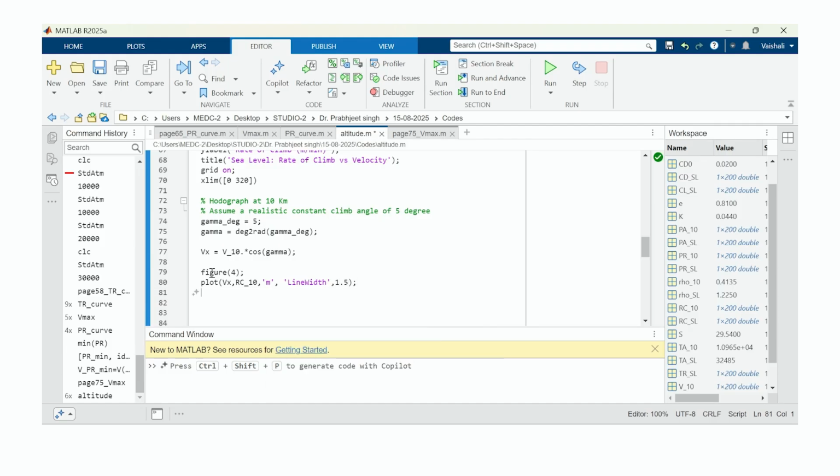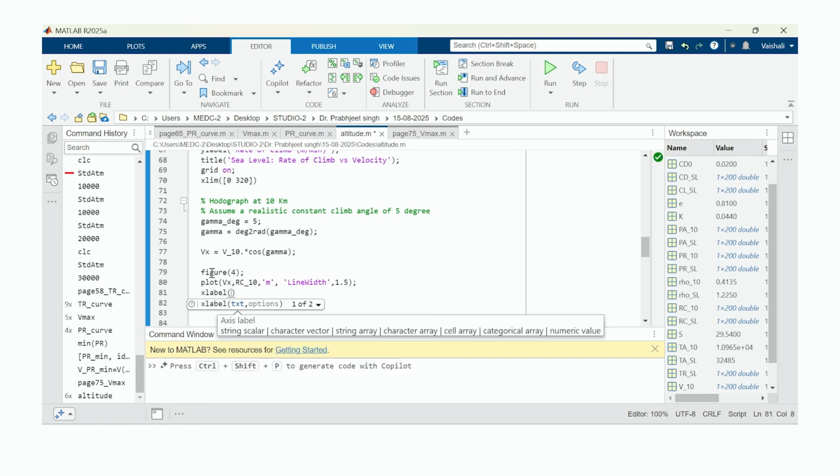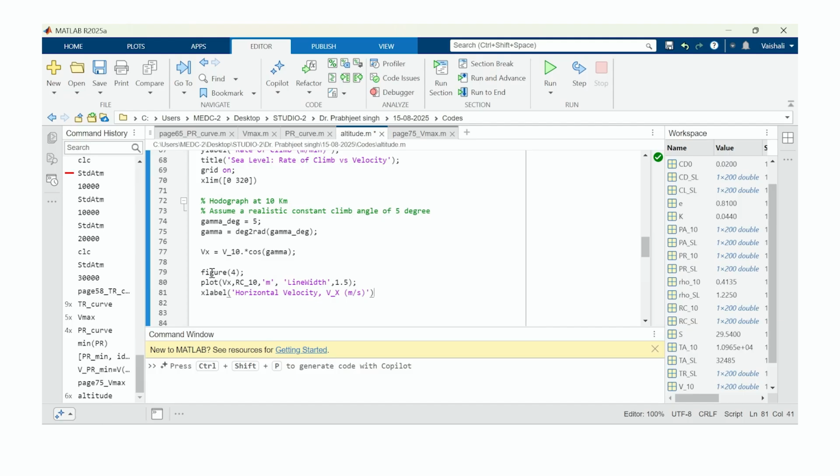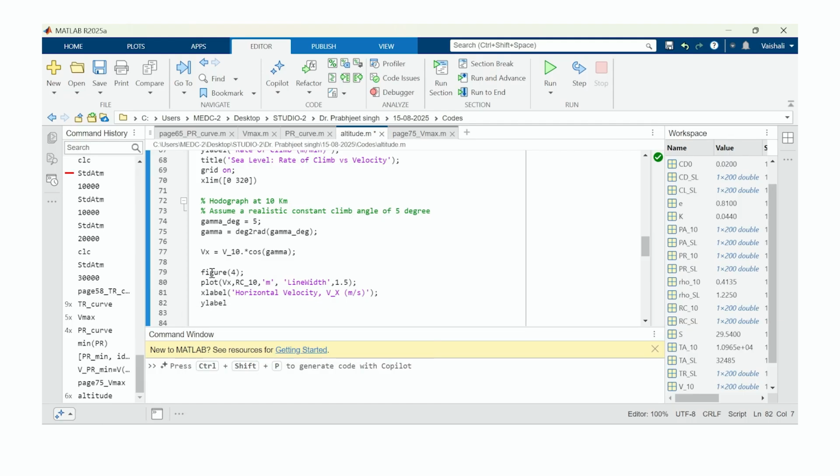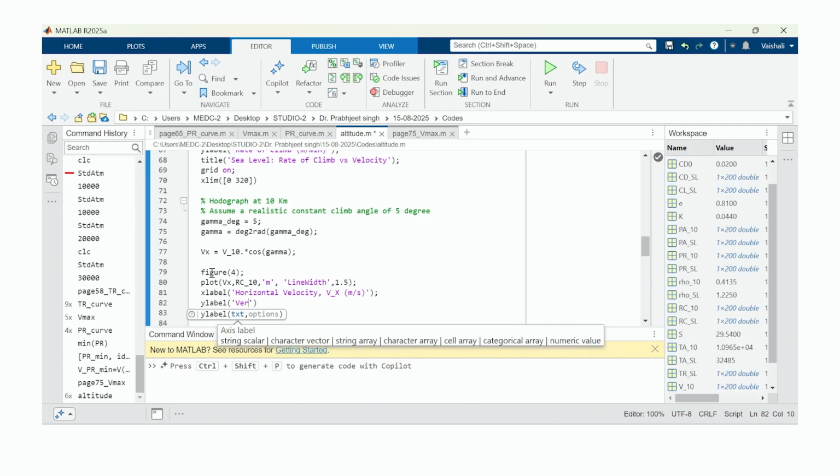Then xlabel as horizontal velocity, v underscore x, that is meters per second, and similarly ylabel, in ylabel we have vertical velocity, v underscore y, in meters per second.